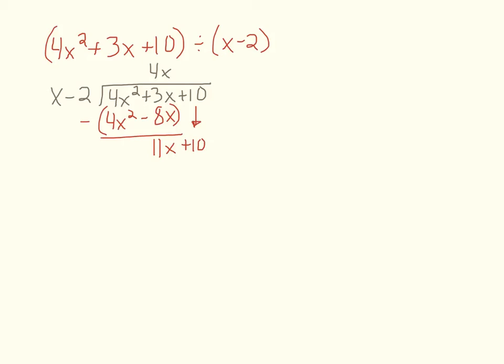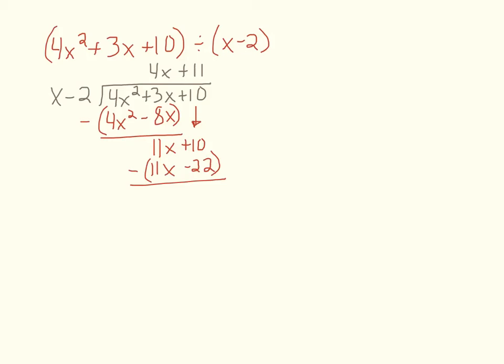Alright, then repeat the process. What do we have to multiply x by to get rid of 11x? Answer to that is 11. So 11 times x gives you 11x, and 11 times negative 2 gives you minus 22. Then once again we're subtracting these two quantities, so we put them in parentheses and we throw the negative on the outside.